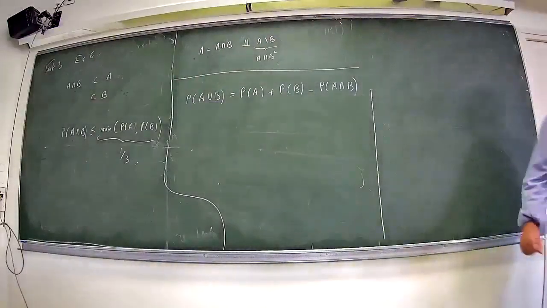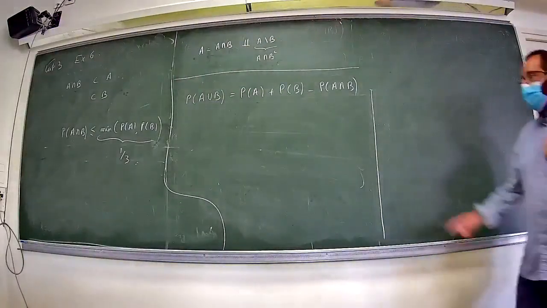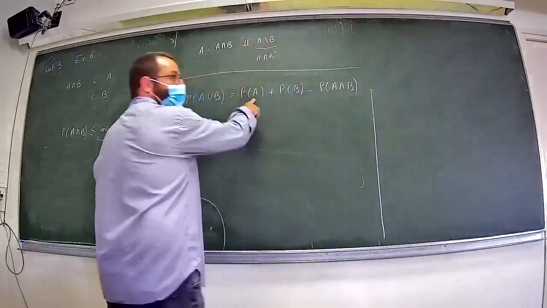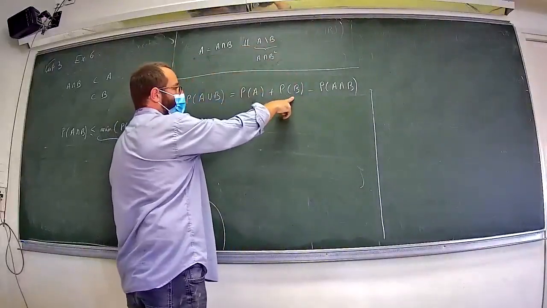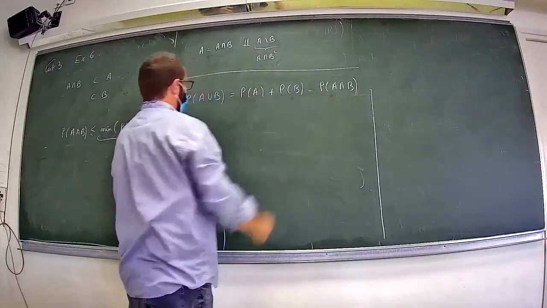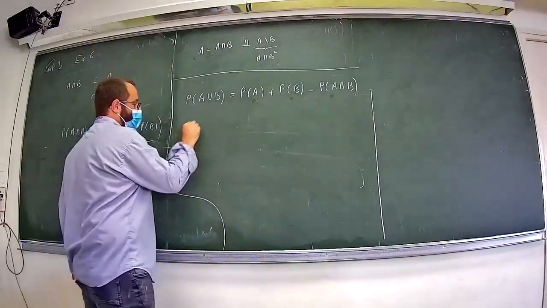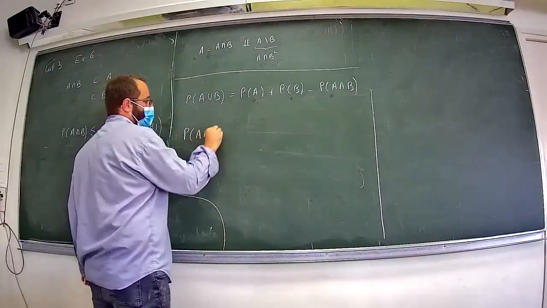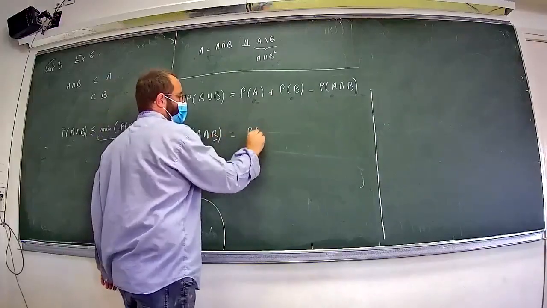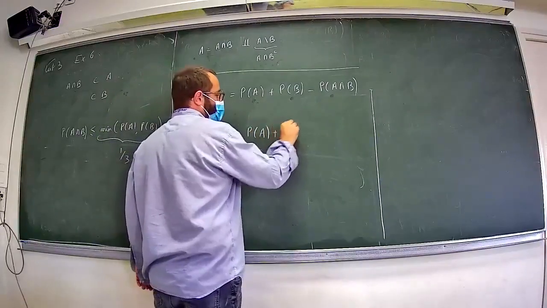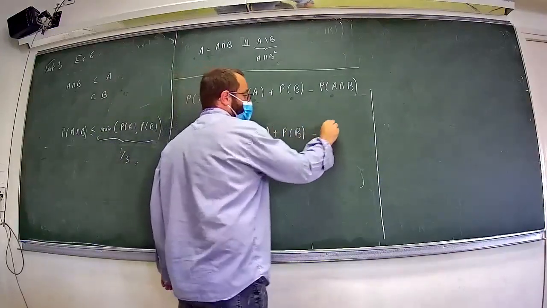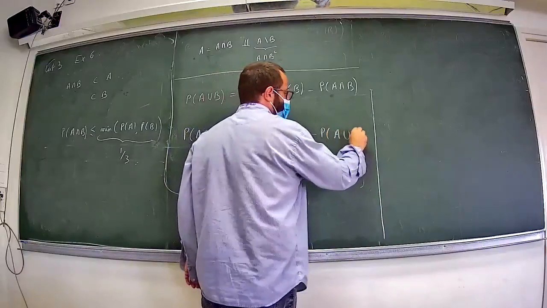Okay. So I have this one. What do I know? I know this one. I know this one. I want this one. So to have knowledge about this one, I can write that P of the intersection is equal to P of A plus P of B minus P of the union. In general, it's not used this way.